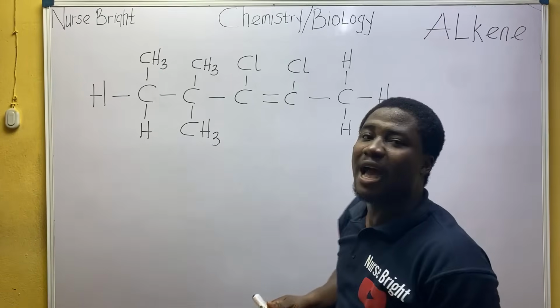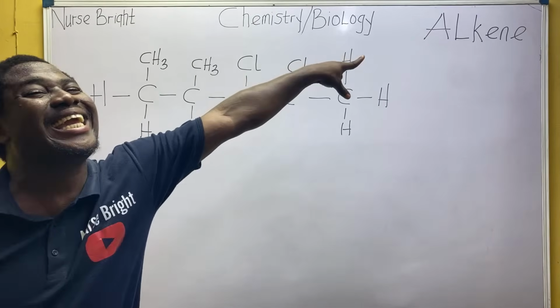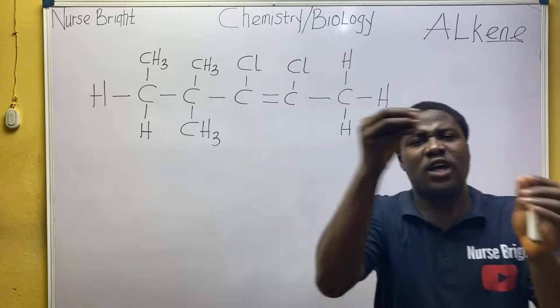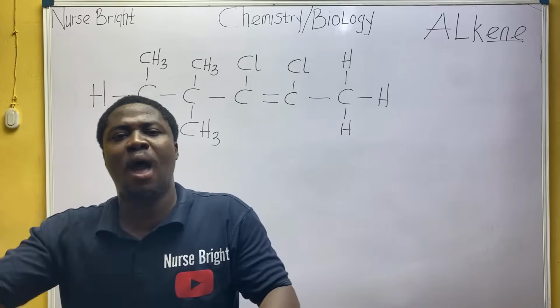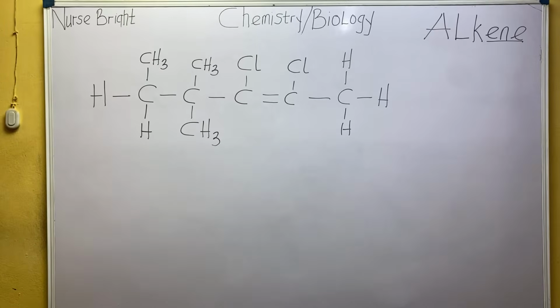Homologous series are also called families of organic compounds. So this compound is an alkene. That is why the name of this compound ends with "ene". Are you there? And the first rule in naming an organic compound is to identify the longest continuous carbon chain.